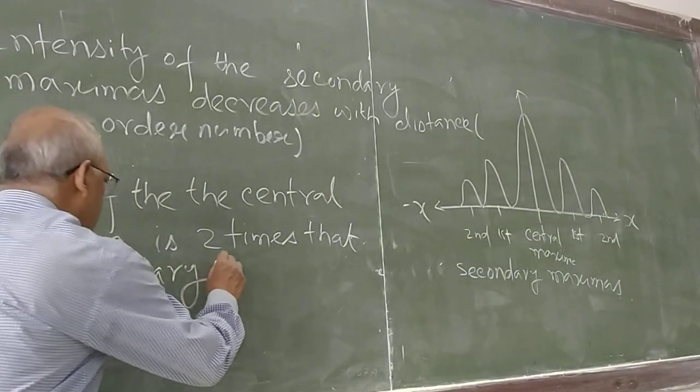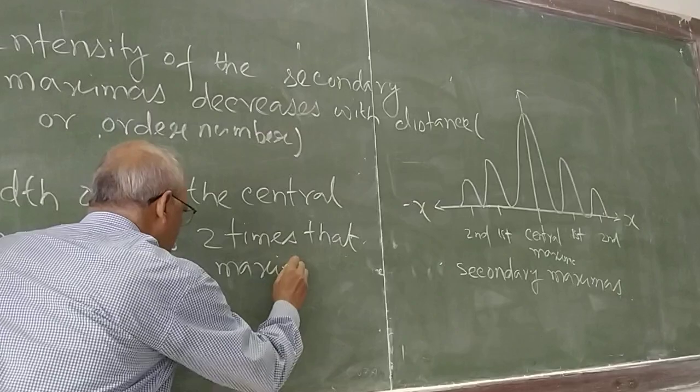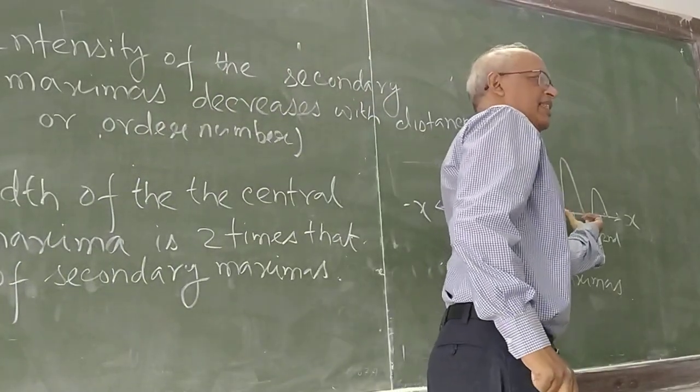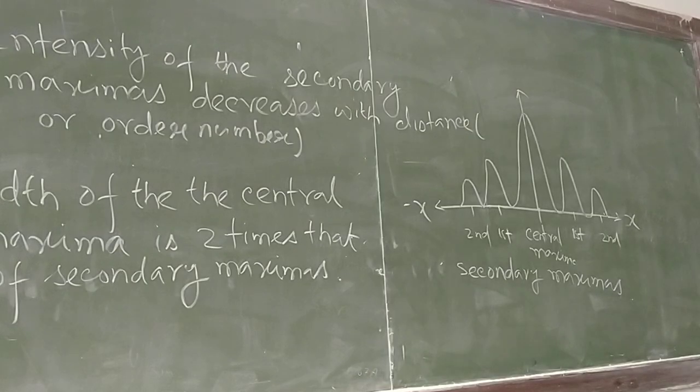This width is 2 times more than this. Understand? The width of the central maxima is the largest and it is 2 times more than the secondary maxima.